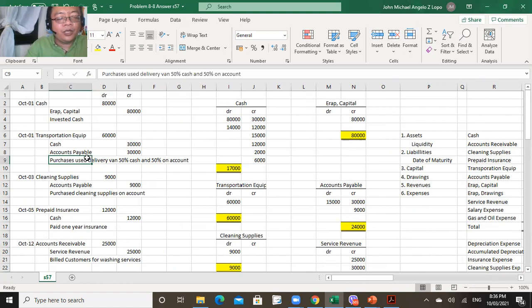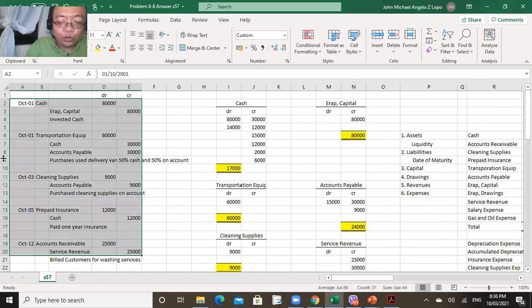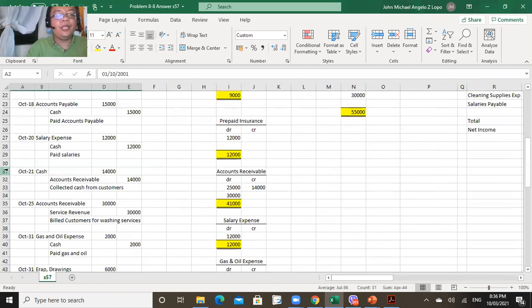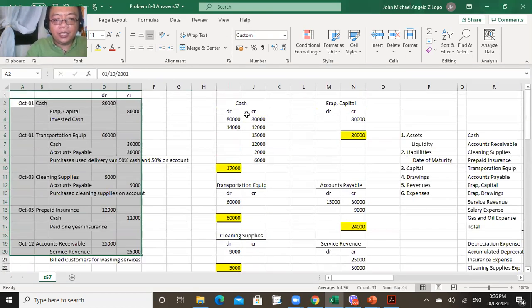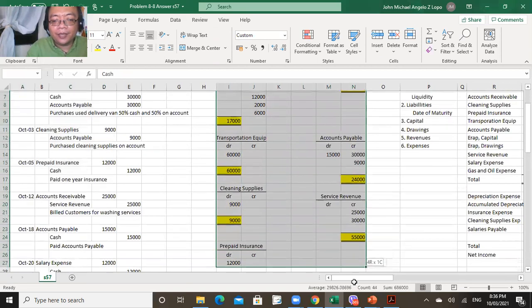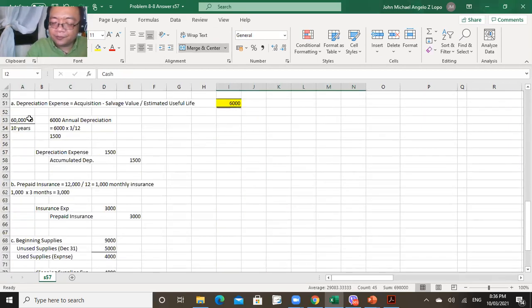First thing you did is the analysis, then journal entries. Take note that this is only applicable to October. What if you have a lot of transactions? After that, you transfer that to your ledger. After that, you prepare the adjustments.